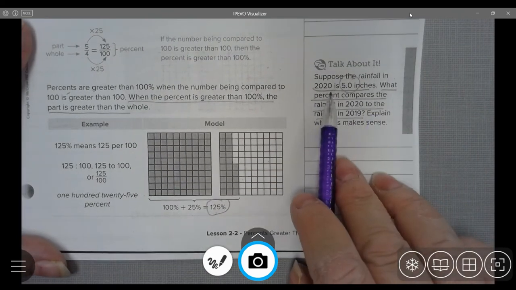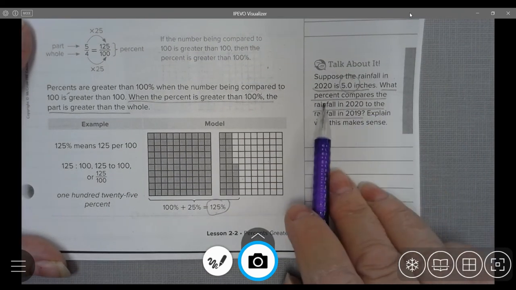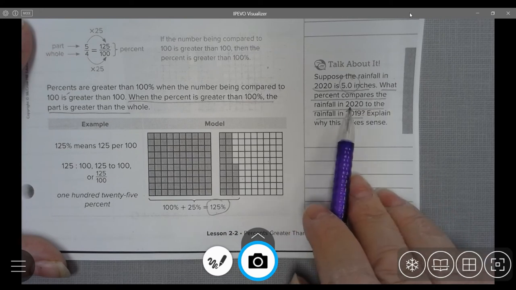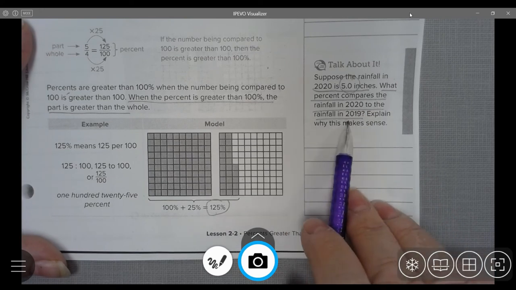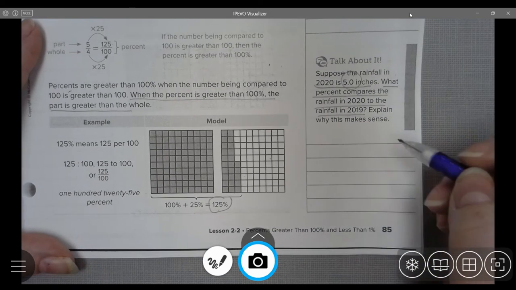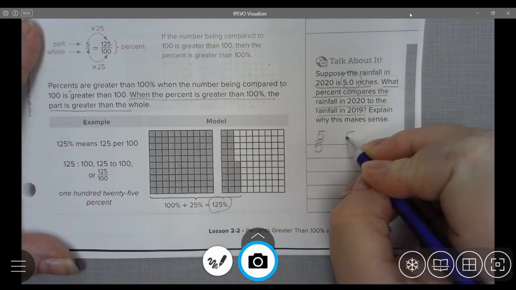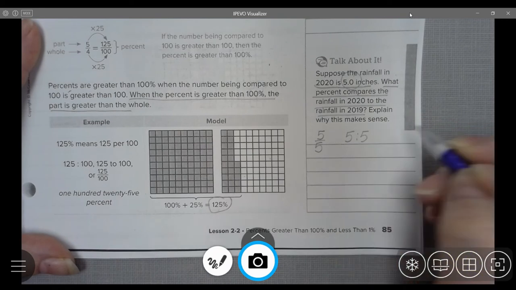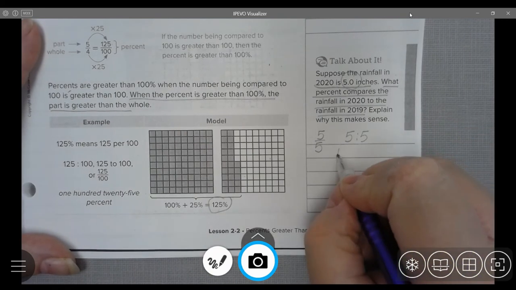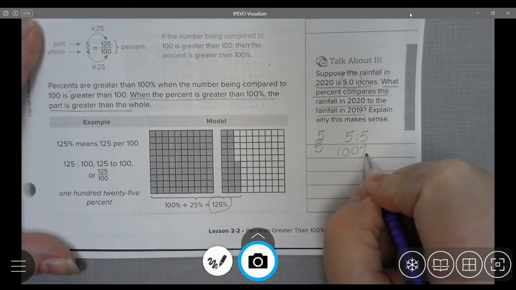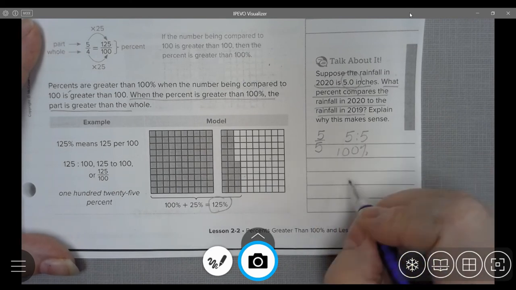Suppose the rainfall in 2020 is 5 inches. What percent compares the rainfall in 2020 to that in 2019? So what we would do is we would say, okay, it's 5 to 5. And at this point, we would say it is 100% because they are the same number. They are equal.